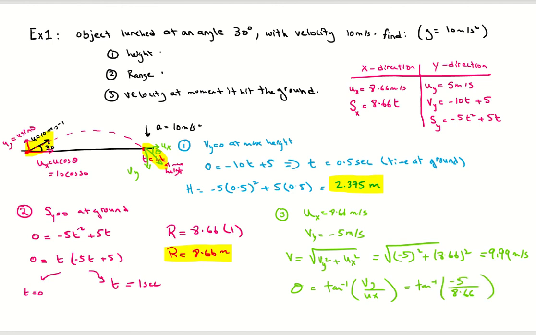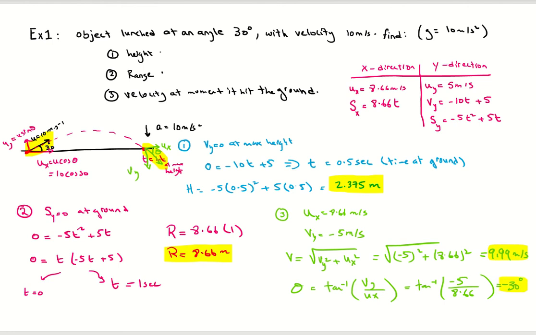It's going to be the same as 30, but let me do it again. So it's minus 5 divided by 8.66, so the answer is 30. And it's going to be minus 30 because it's under the horizontal, so minus 30 degrees. So this is how I'm finding the value and the direction of the velocity using the toolbox.